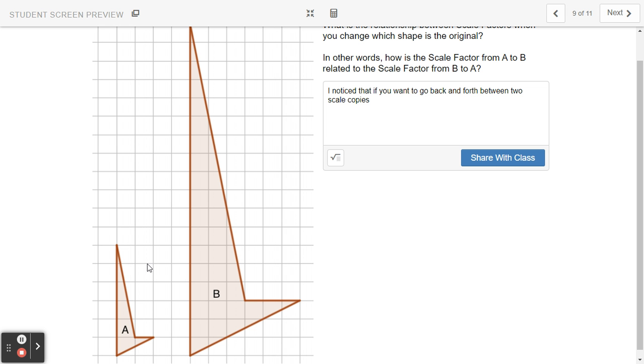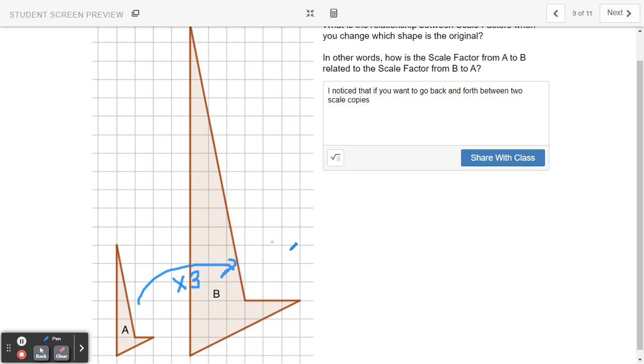Okay, and so what I'm going to do is look more in depth at that. For this one, I would like to notice that when we went from A to B, we multiplied by 3, right? So when we do this, we do times 3.